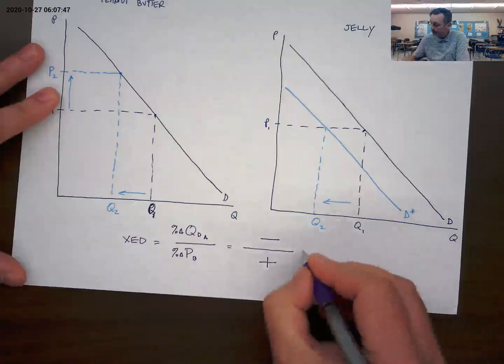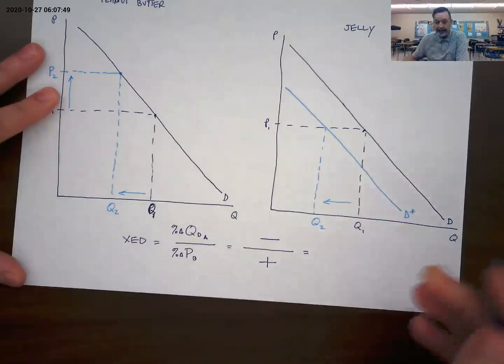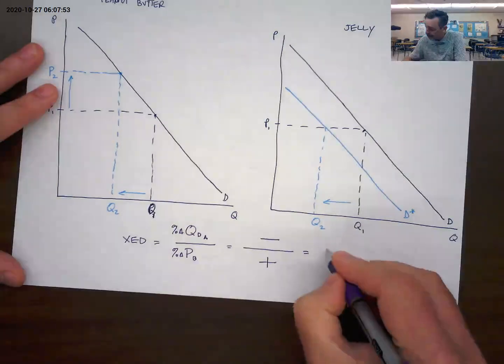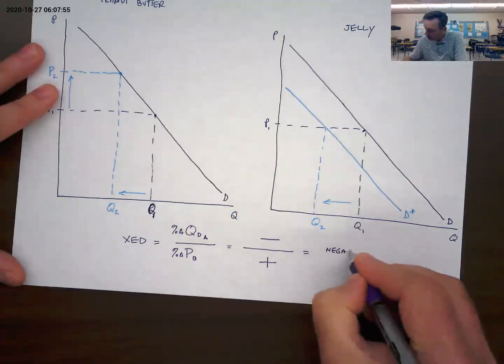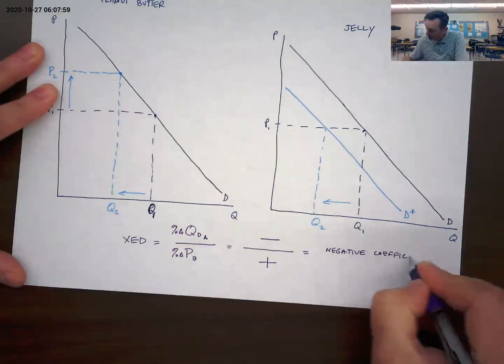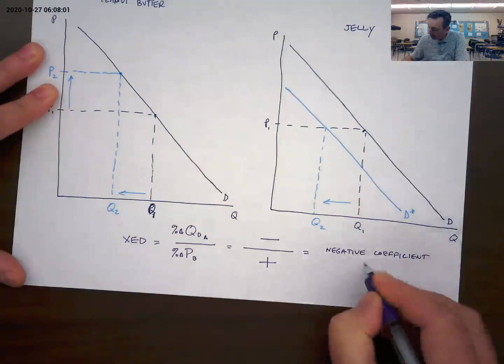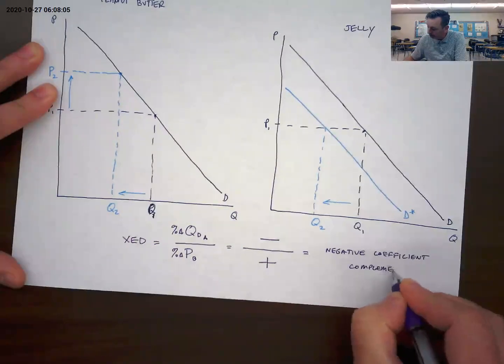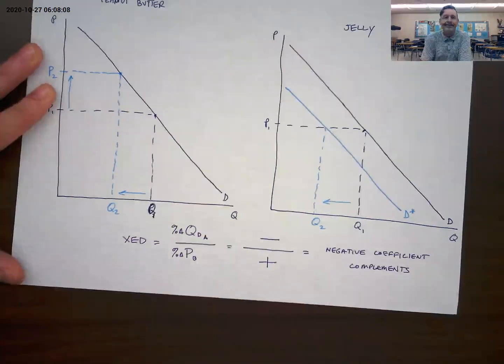So, if you get an XED, or a cross-price elasticity, that comes out with a negative coefficient, you know that those products are complements. All right, thank you.